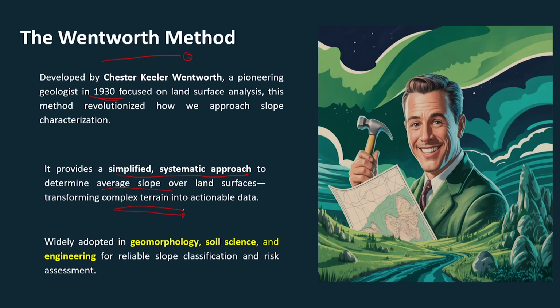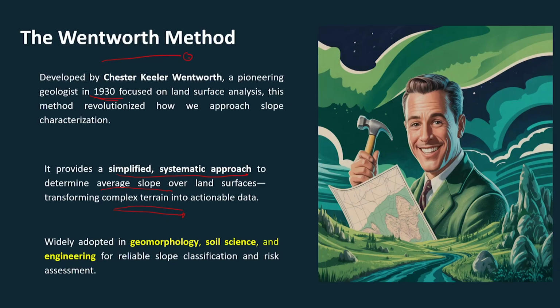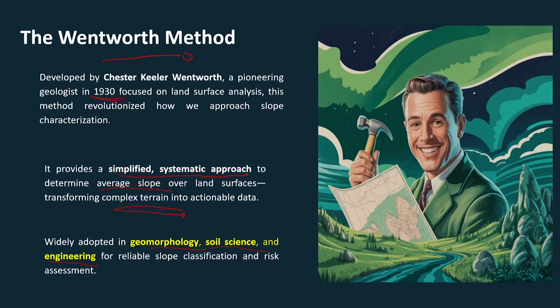In the modern context, we can consider it to be the first step to starting a project. So, this method has been widely adopted in branches including geomorphology, soil science and even engineering. All these fields need slope data, and Wentworth's method has been a first step for all disciplines that use slope data in their day-to-day work.